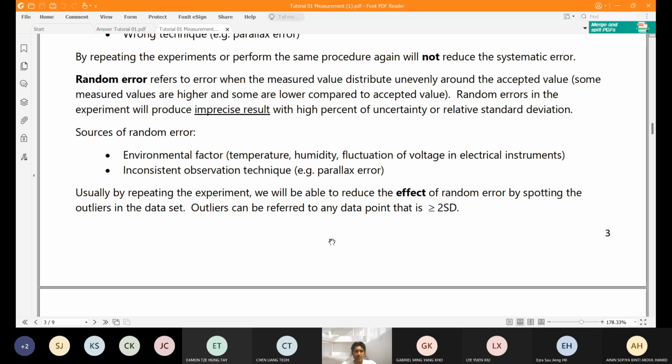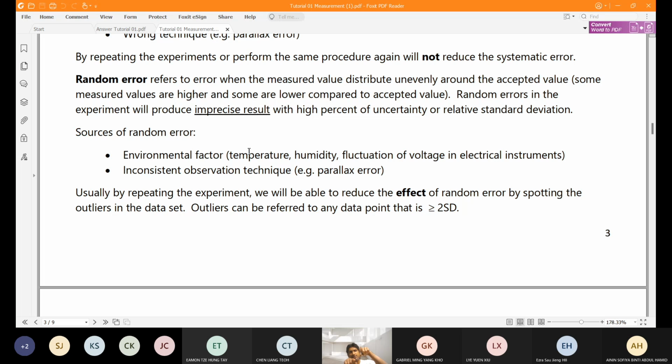And that is why it is a random error. So if in one group we are three students, one is very tall, one is average, and one is not that tall. So the three of us, if we look, you will see that our eyes are not at the same horizontal level.